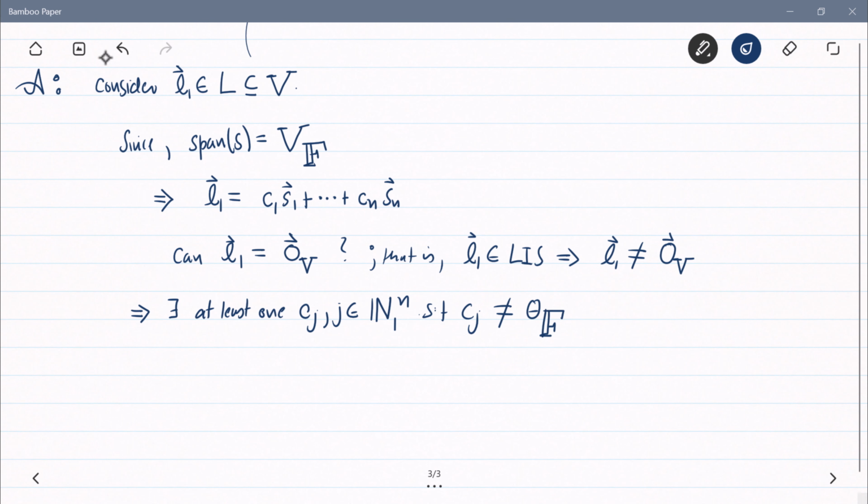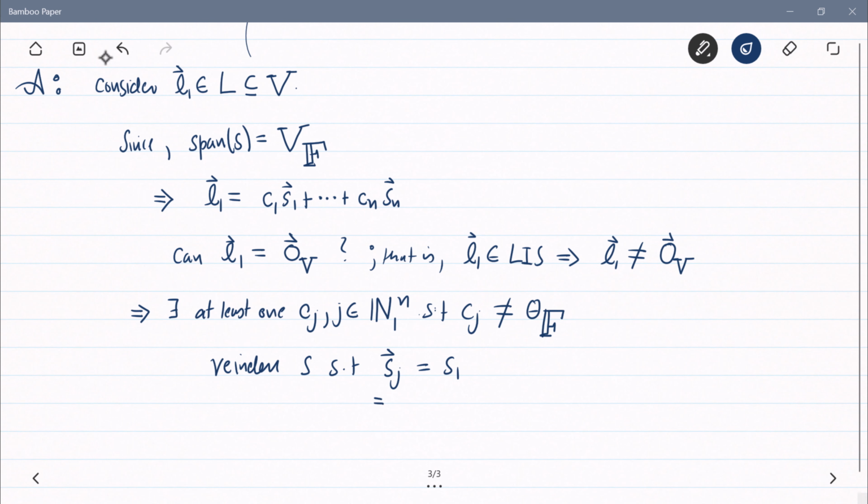Rather than dealing with some C sub j, we can re-index S and therefore re-index C sub j. That is, re-index S such that S sub j is equal to S sub 1.